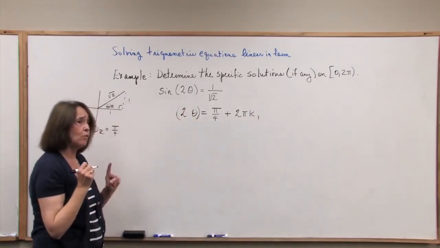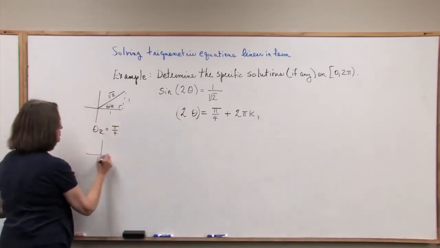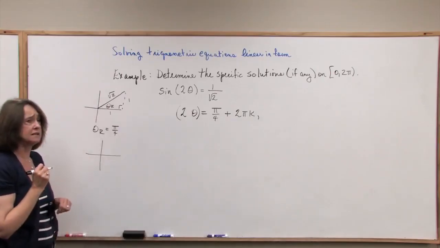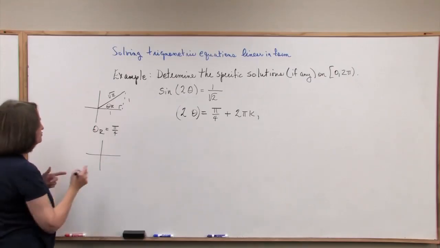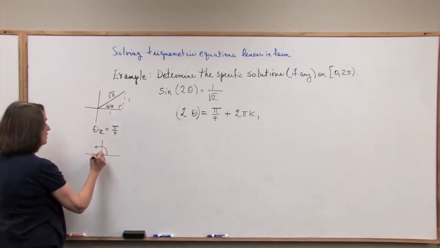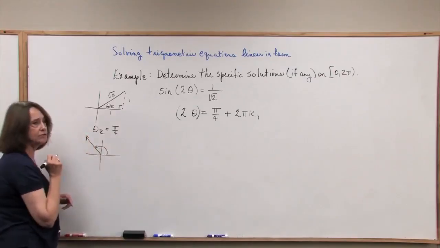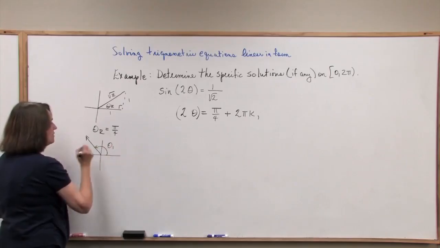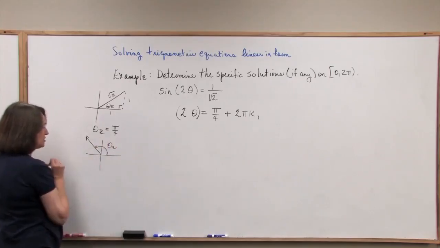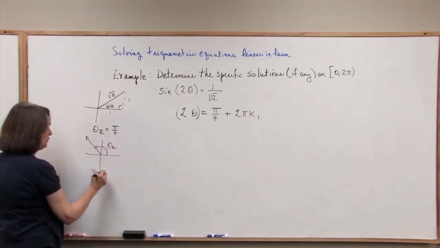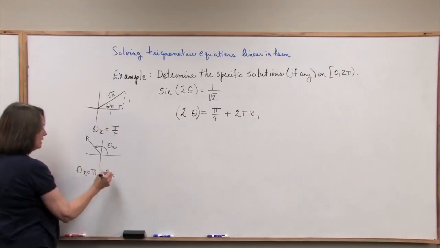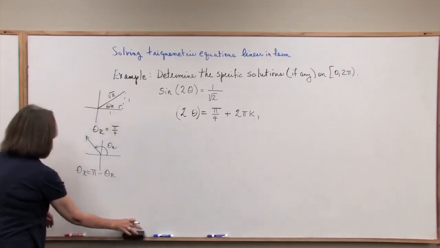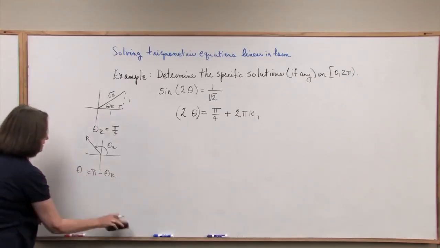Now that's only one quadrant in which the sine function is positive. Okay, let's think about this. Which other quadrant is the sine function positive? Quadrant 2, correct. That will give us a second solution, which we will find by subtracting the, watch the mistake here.